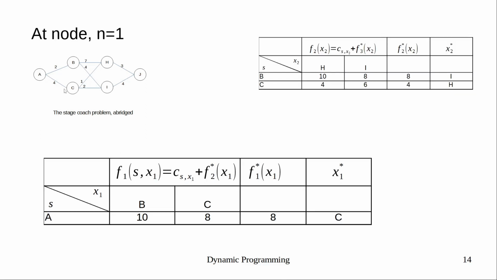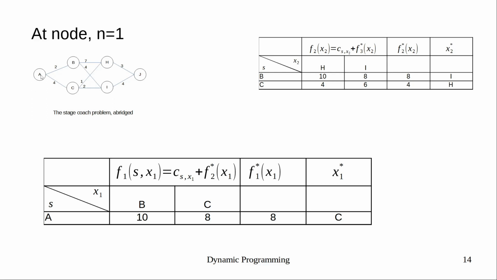And if you go from A to C, the value is going to be 4 plus the value of the function in going from C to the end, which is going to be 4. So that's 8. Right? So if we need to choose now between these two choices, the minimum is 8.